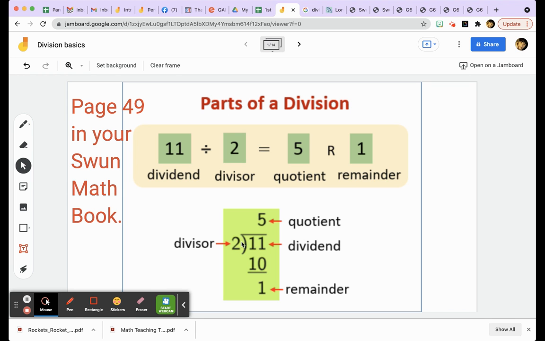When you multiply back, you have 10. 5 times 2 is 10. Subtract, you have a remainder of 1. So 11 divided by 2 equals 5 equal groups with a remainder of 1.